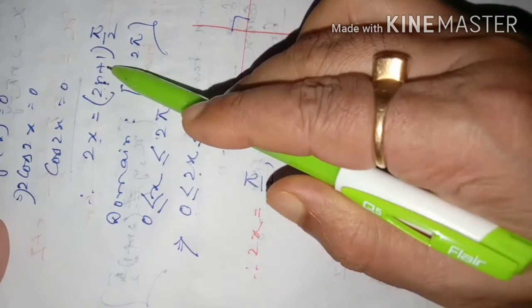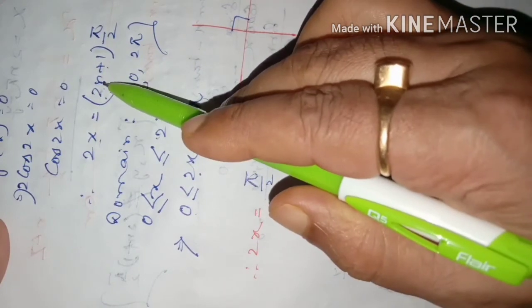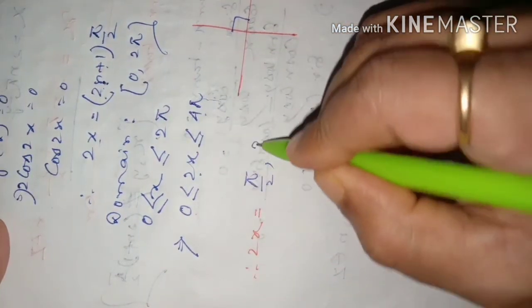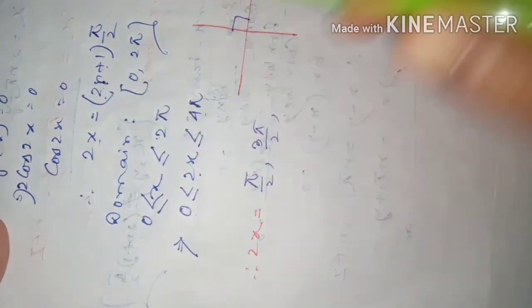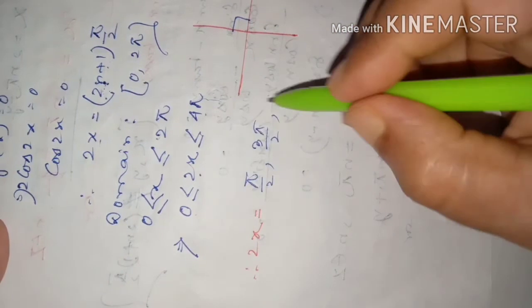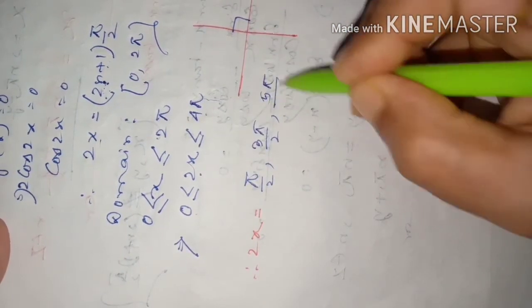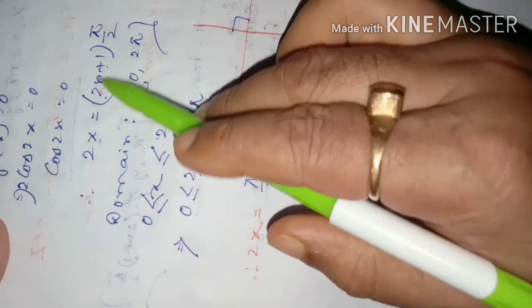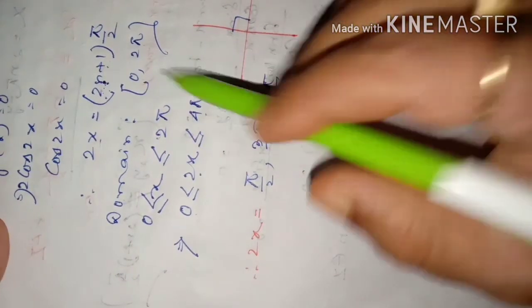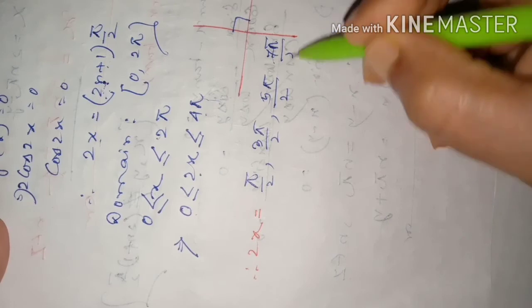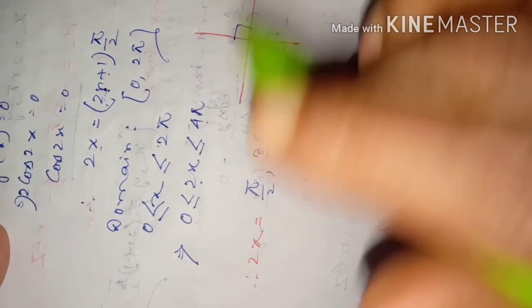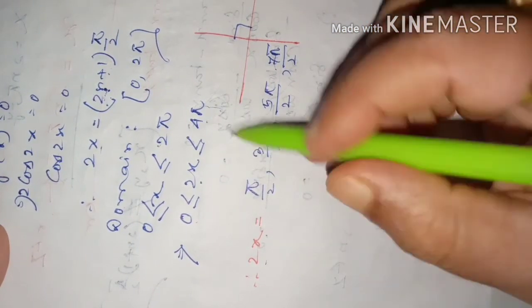So 2x will be equal to 3 pi by 2. And if we take n equal to 2, that is 5 pi by 2. And if we take n equal to 3, 6 plus 1, 7 pi by 2. So 7 pi by 2, because we have to look for values of 2x up to 4 pi.